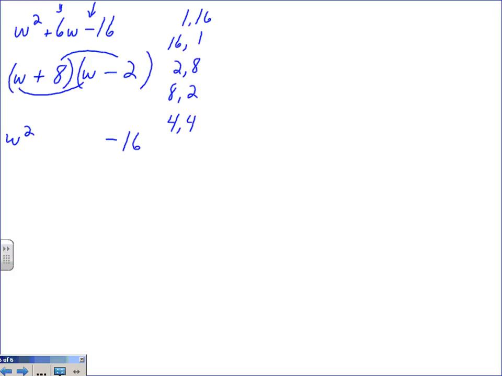Now let's multiply the first two together, I get w squared. w times negative 2, that's negative 2w. And then 8 times w gives me 8w. And when I add these two together, I get 6w. So I have w squared plus 6w minus 16. All right, and that's how we factor.